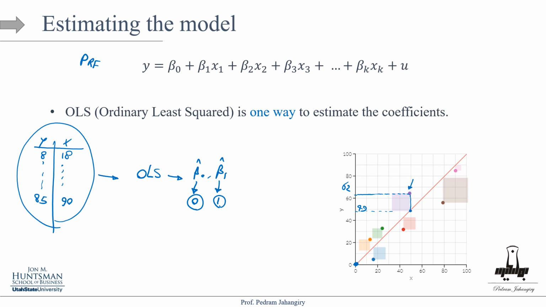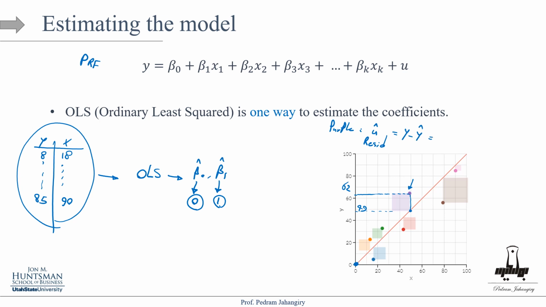So the difference between these two numbers is what we call the residual. The residuals are the estimated version of the errors, right? But let's keep it simple. For the purple observation, the residual, we can call it u hat. So u hat is equal to y minus y hat.